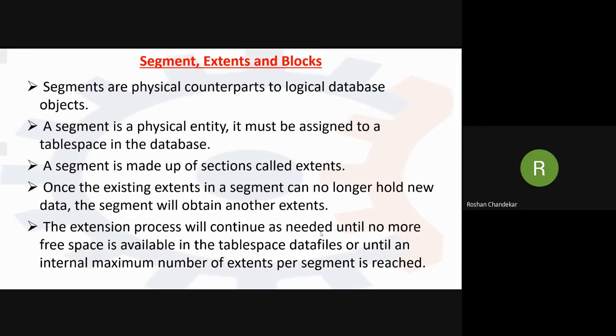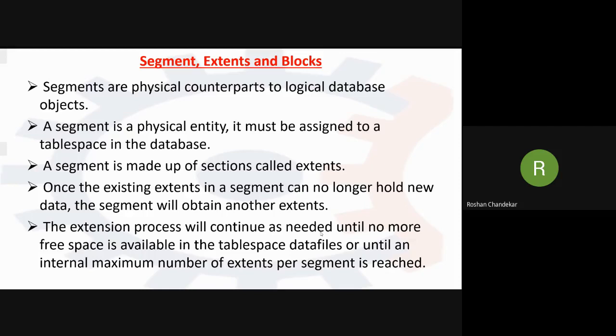The extension process will continue as needed until no more free space is available in a tablespace or until an internal maximum number of extents per segment is reached. Okay, that is about blocks. What is the extension process?